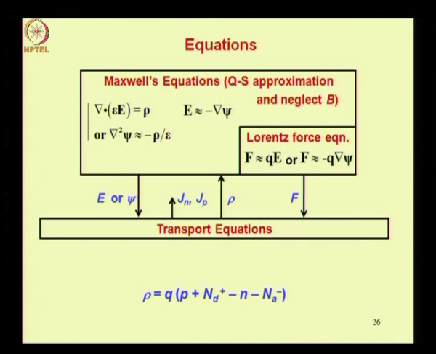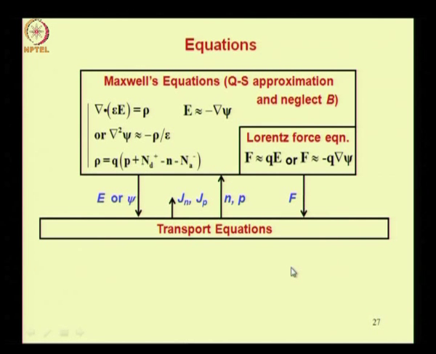Now rho, the space charge which is required to solve this Gauss law or Poisson's equation, is actually of the form rho is equal to q times p plus nd plus minus n minus na minus. So really if you know the electron concentration and the hole concentration, then you know rho.